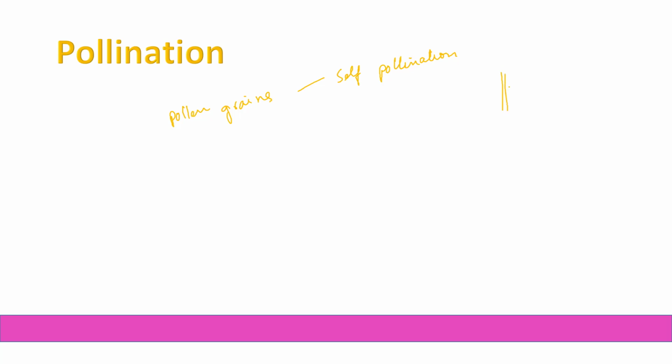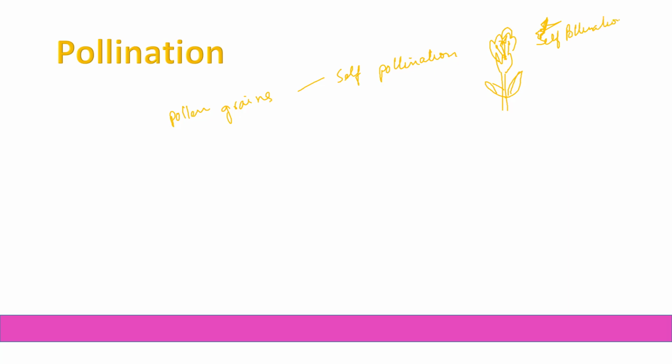So, if this is a plant and you have a flower here, we have pollens, and say this is the style. If it is happening on the same flower, then it is called self-pollination.